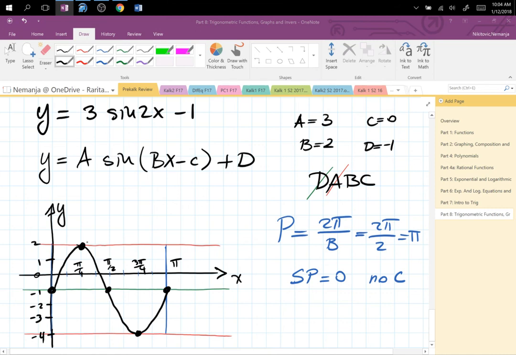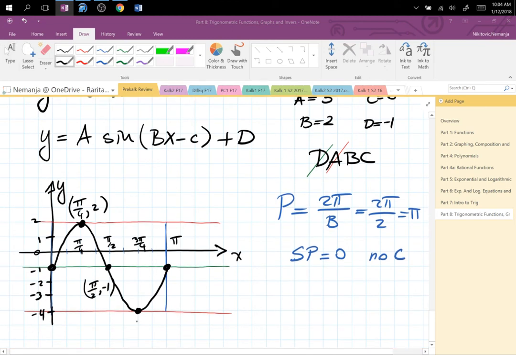So the first point, the maximum point, is pi over 4, comma 2. Then we have pi over 2, -1. Then we have 3 pi over 4 and -4. And the last point is pi, -1. To label all the points.